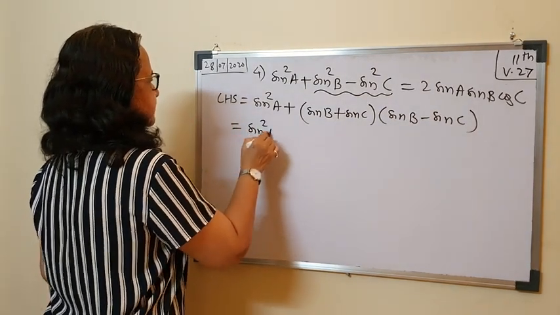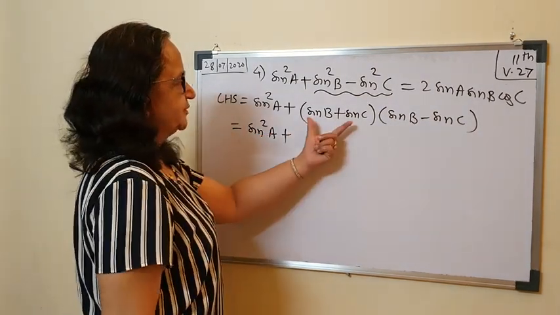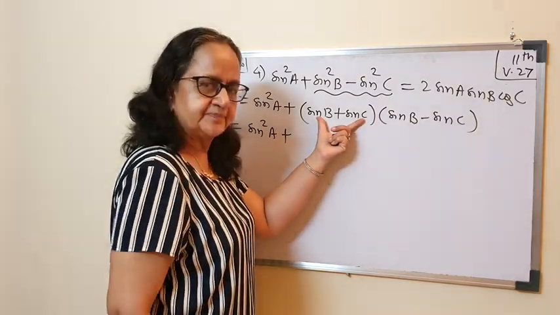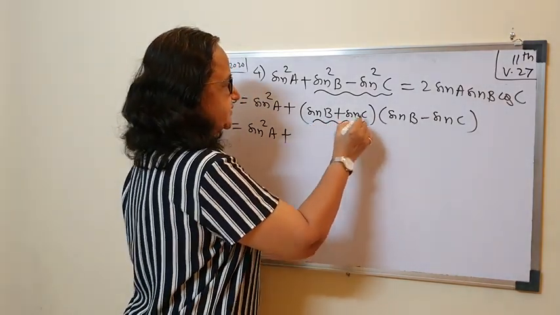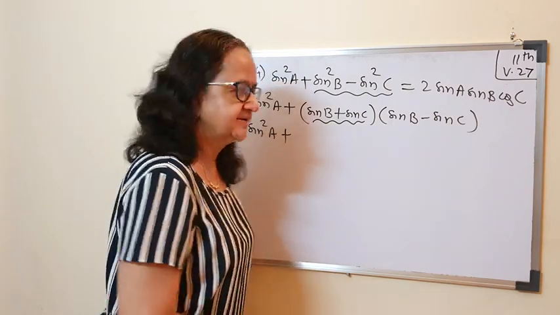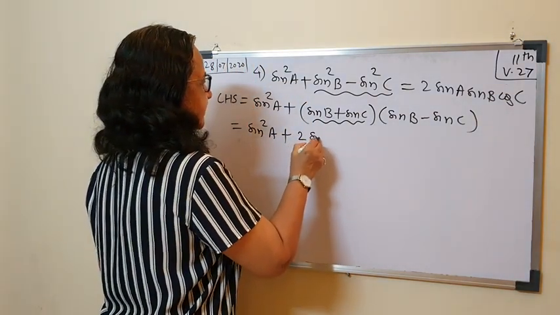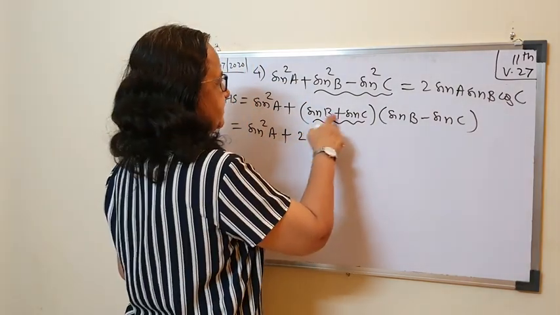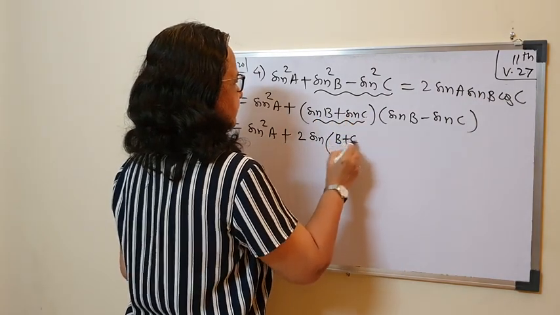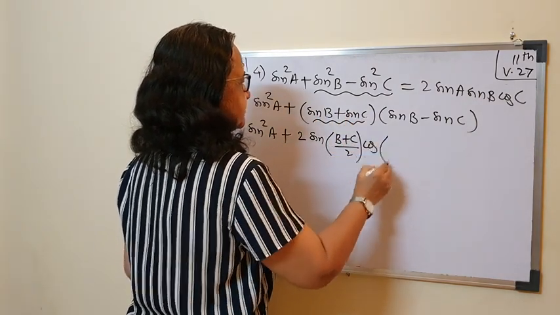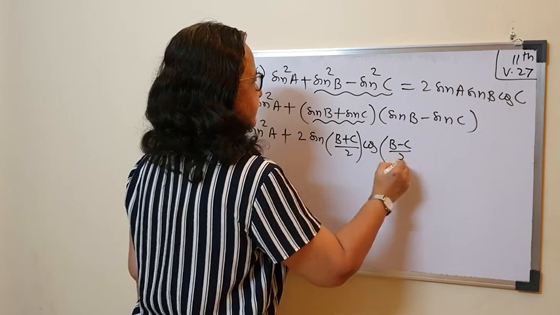First term no change, plus, now the formula for sin B plus sin C. It is like sin C plus sin B, so the formula says 2 sin of the addition, (B plus C) upon 2, then cos of the subtraction, (B minus C) upon 2.